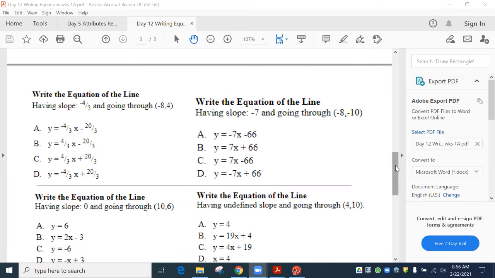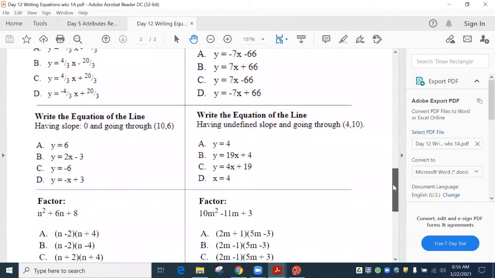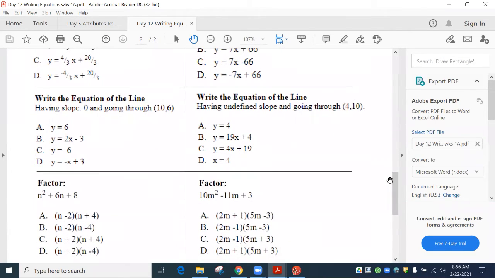All right. This next one is not calculator. This is super, super easy. We worked on this on Friday, but we've probably forgotten that we even did this because we had a weekend. So when I look at this, I notice that it has a slope of 0. Now, 0 is special.